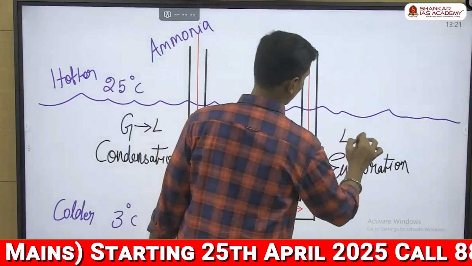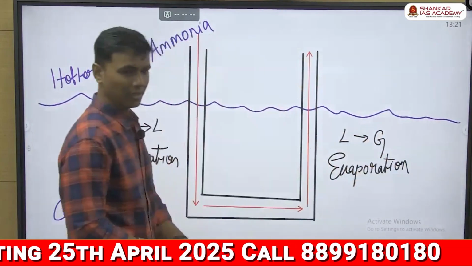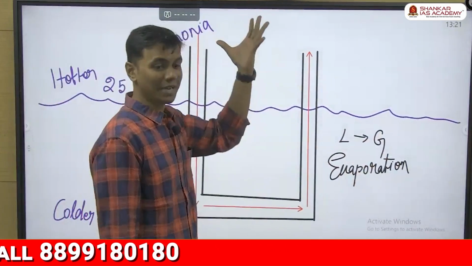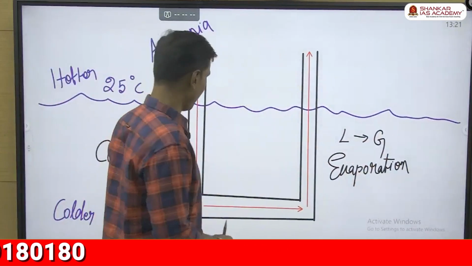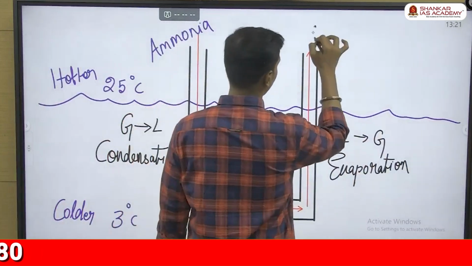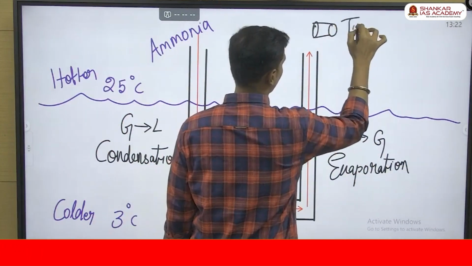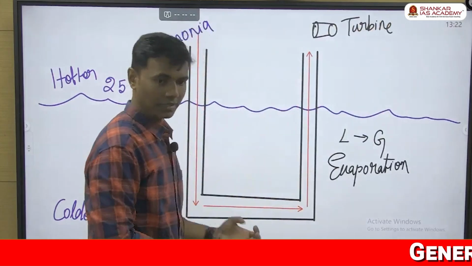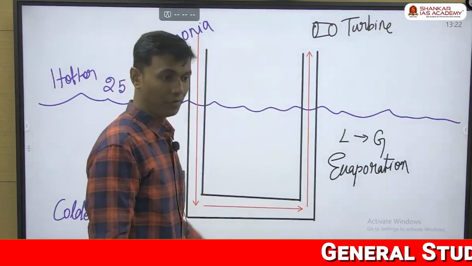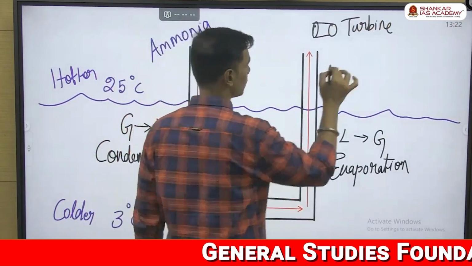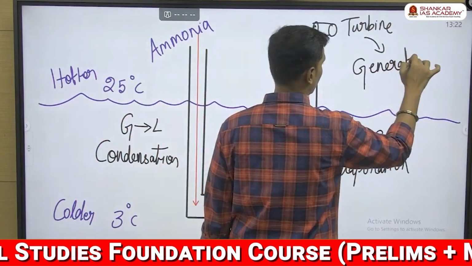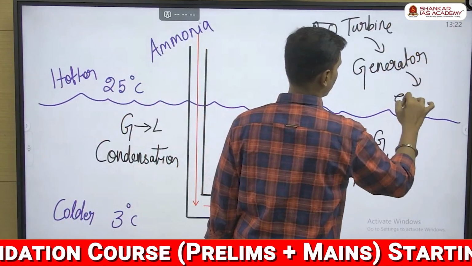In this column, liquid is converted into gas. Imagine ammonia gets compressed and then rapidly it expands because of high pressure. When it expands and comes out, we are going to place a turbine here. What will happen to the turbine? Starts rotating, correct? Because ammonia is expanding and with full pressure it's coming out. The turbine starts rotating. Turbines can be attached to a generator. Generator can produce electricity.